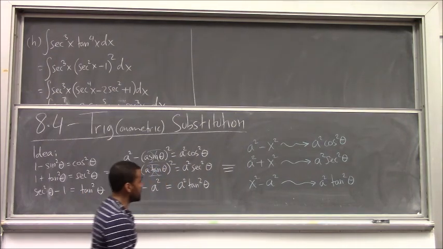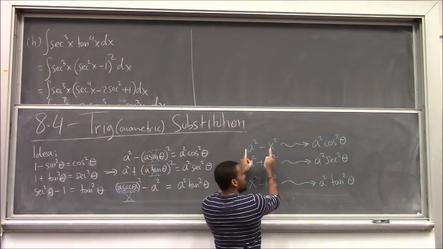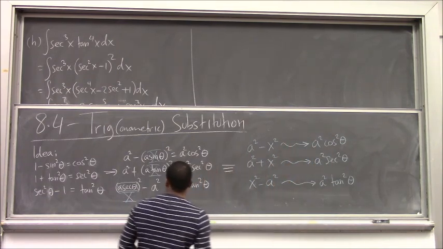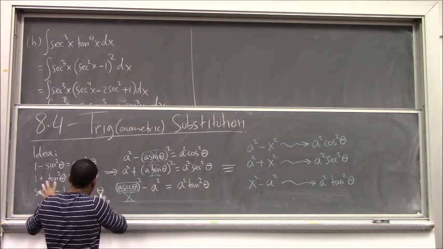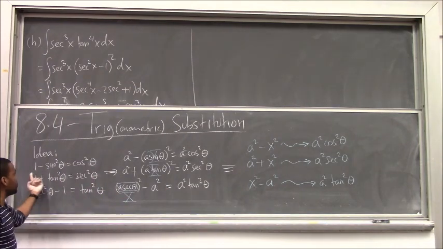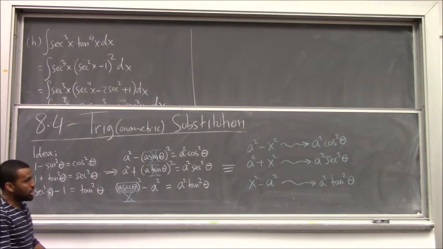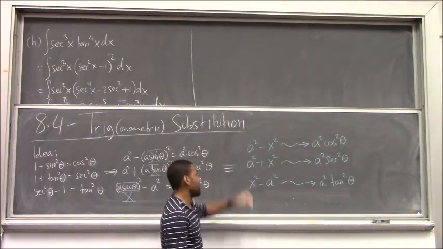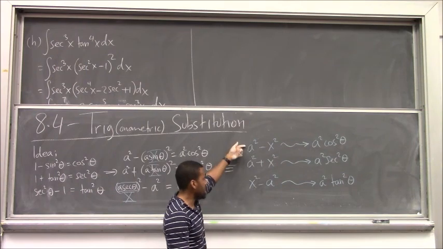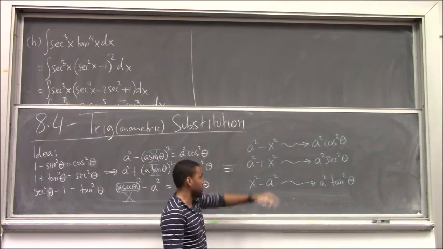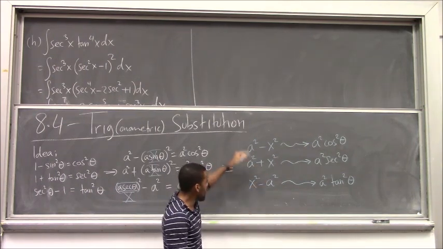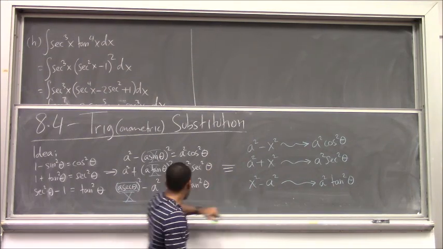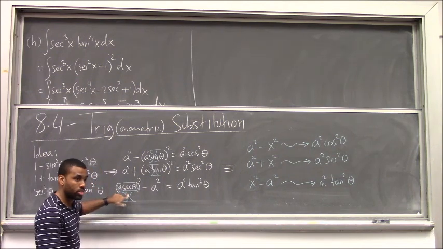So these expressions here have some sort of meaning for you. Here's the nice thing. Notice that there are 2 terms here and only 1 term on that side. Taking an idea from the trig identities, they can collapse 2 things into 1 thing. If I'm in a situation where having 2 things is a problem, and in particular they look like this form, an a squared minus an x squared, an a squared plus an x squared, or an x squared minus an a squared, I can think of the x as a particular kind of trig function.